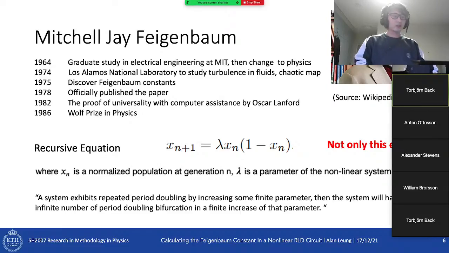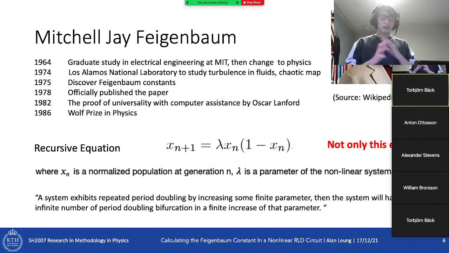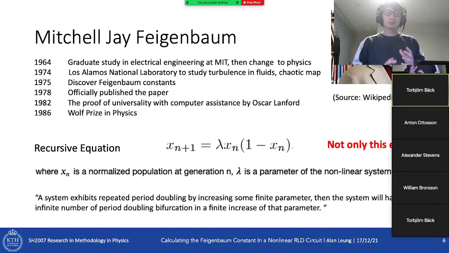By increasing this parameter progressively, it causes repeated period doubling, and then we find infinite chaotic waves that are propagating and accumulating. So we see some kind of disorder and noise in the plot.